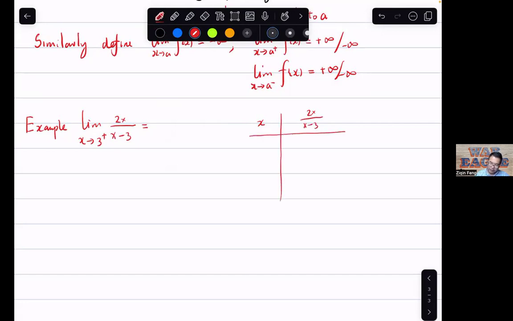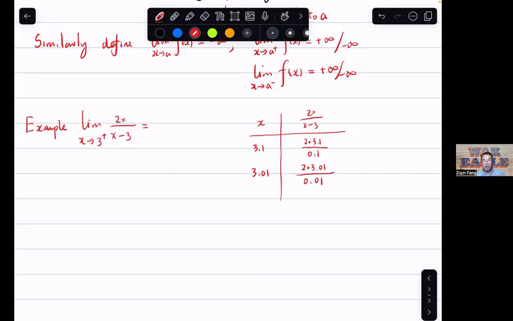If x is 3.1, you get 2 times 3.1 over 0.1, which is about 62. If you try 3.01, 2 times 3.01 over 0.01, you can see this is getting bigger.